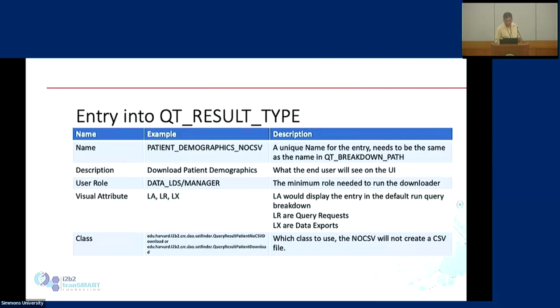And then you also have to have a reference into your Qt result type, where this is what the user will actually see when that pop-up shows up. And then the visual attributes, we created a couple of new ones, one like LR for the data request, and then LX for the data exports. And as with all the other breakdowns, right now it all goes to the query result patient download, but you can create your own custom class file.